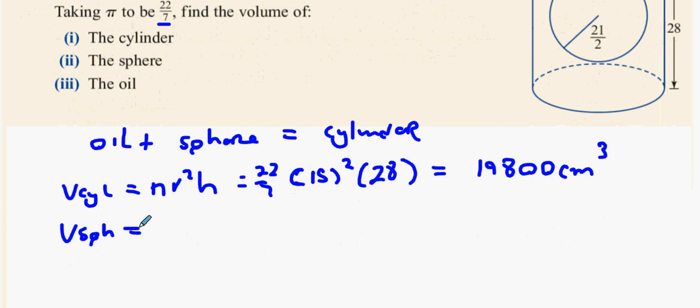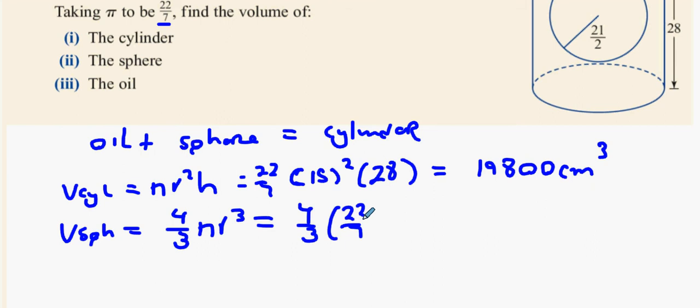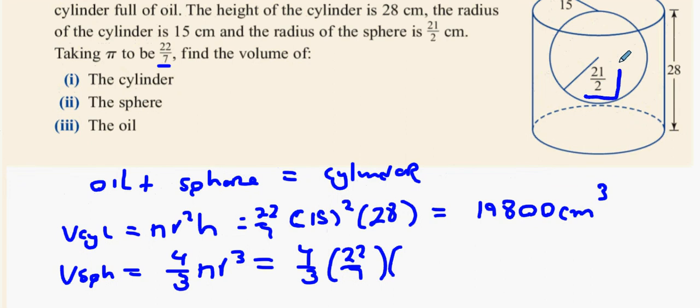And what do we get this time? 4/3 pi r cubed. What do you get for this, Aaron? What's the radius? 21/2. 4,864 centimeters cubed.